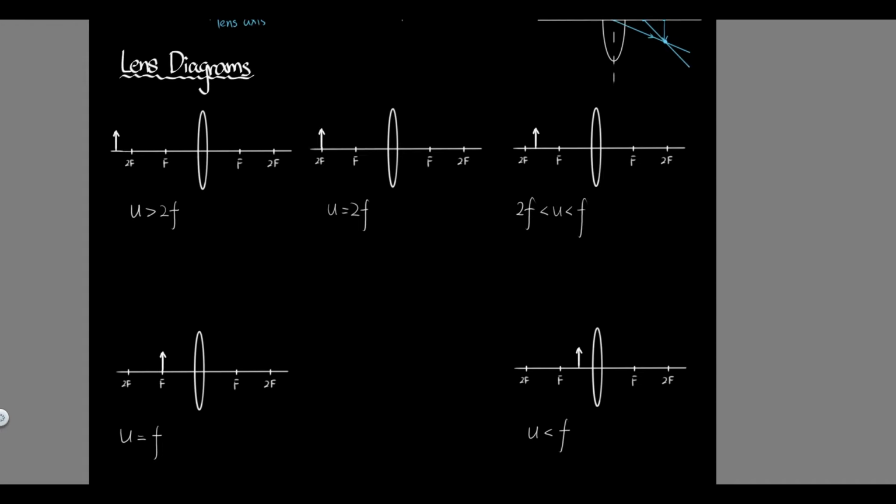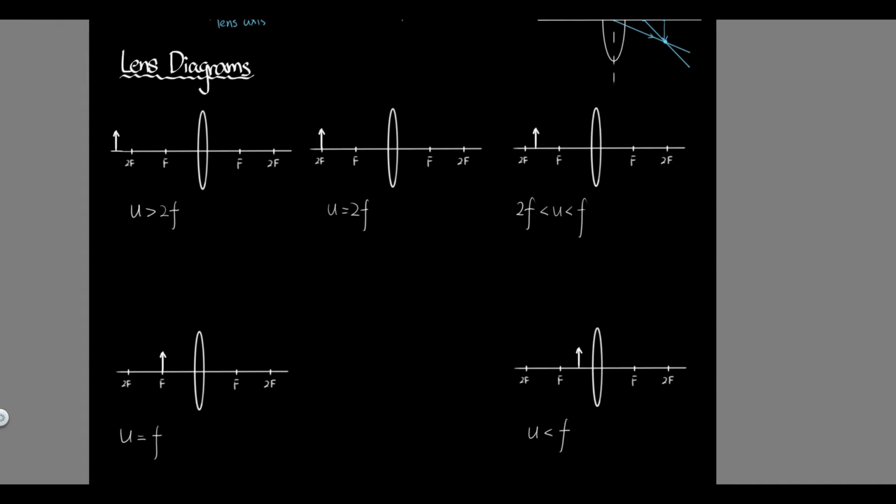But anyway, before we dive into how to draw lens diagrams, I'd like to first introduce you to five situations that we're going to discuss today. The first one is when u is greater than 2f. So basically, this u means the distance between the object and the center of the lens, or the optical axis.